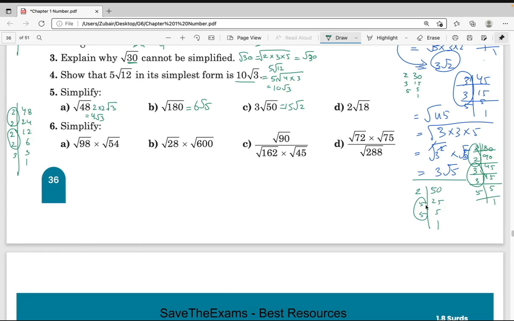So I can clearly see this one pair, and this is staying inside. So I can write square root 50 as 5 square root 2. Now we multiply the outside numbers. 3 times 5 is 15, and square root 2 stays there. 15 square root 2.